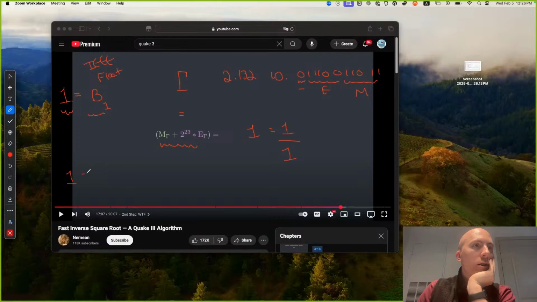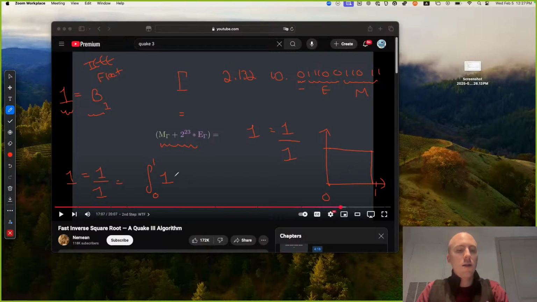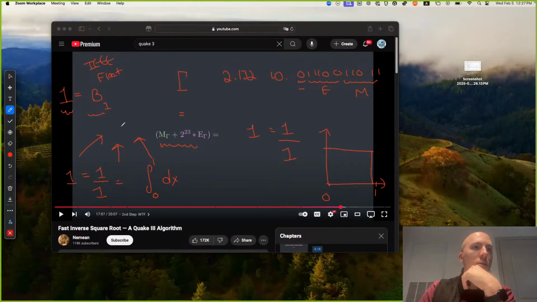If you say 1 is equal to 1/1, which is equal to the integral from 0 to 1 of dx, all these same things just refer to 1.